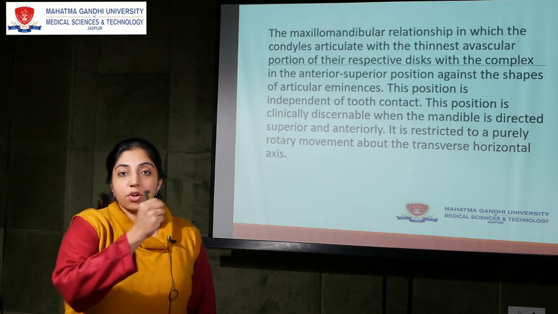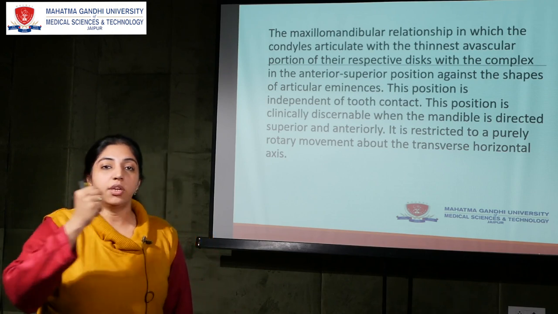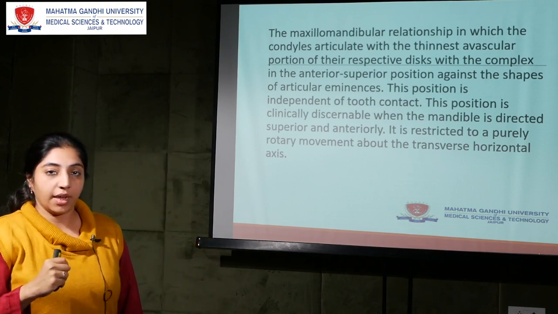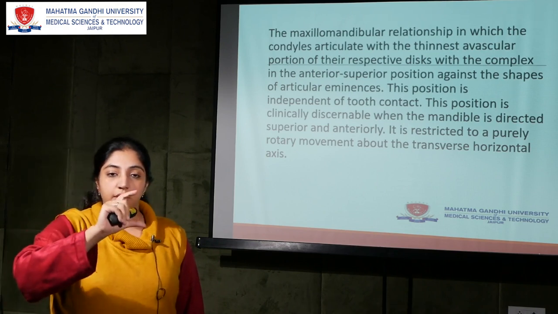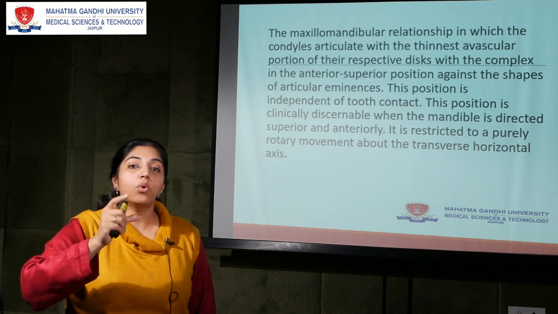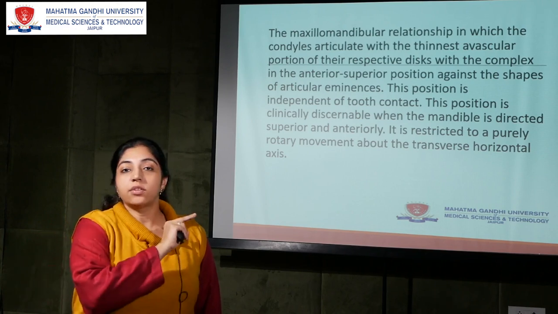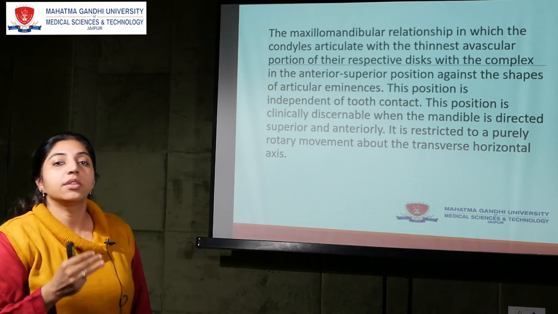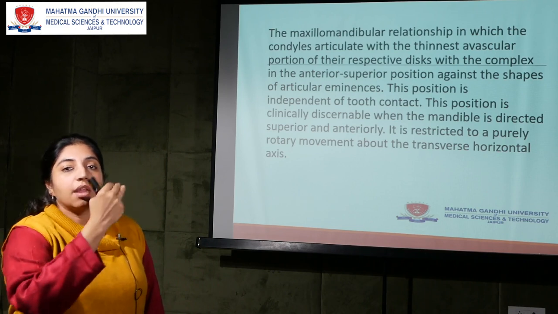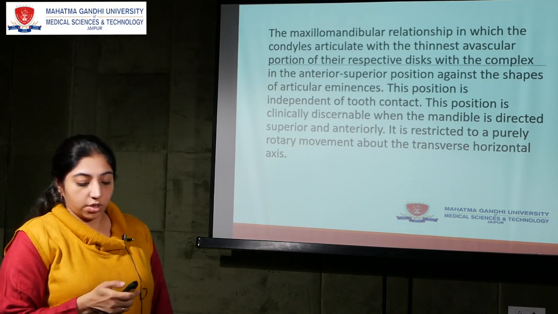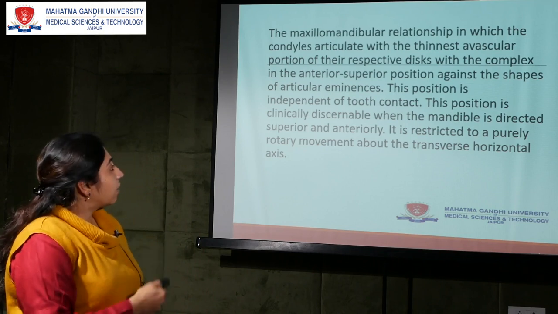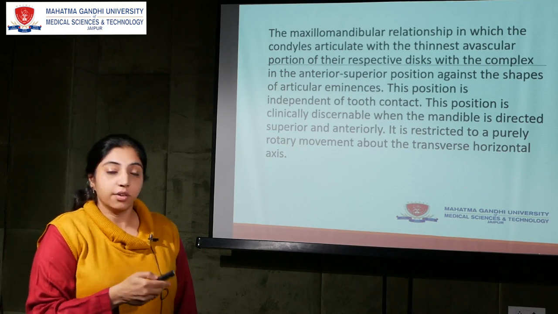This transverse horizontal axis is that imaginary line which is passing through both the condyles, and if your jaw has gone into centric relation, it is here that the jaw is going to do a pure rotatory motion, and it is not dependent on what teeth lie in between the maxillary and the mandibular jaws. This is what this definition implies, and it is a definition to be just understood.